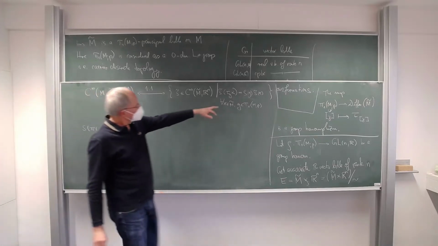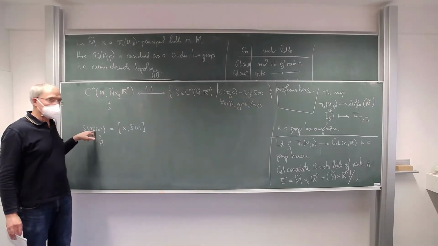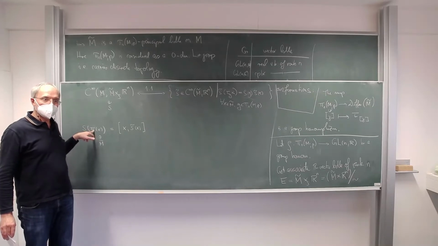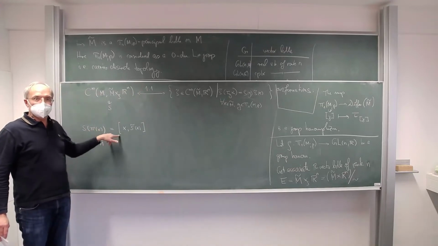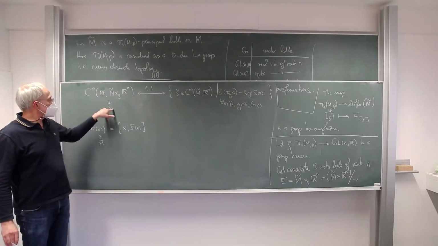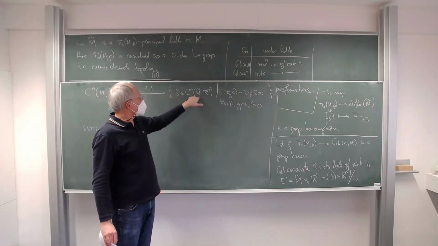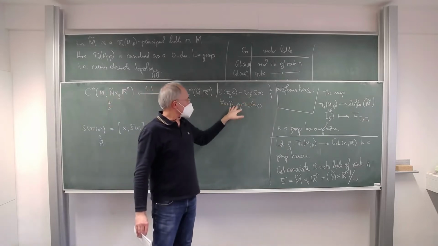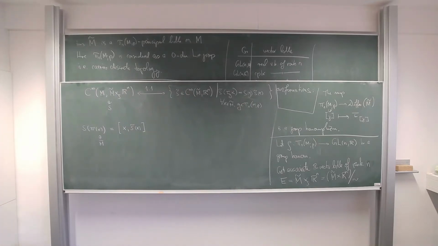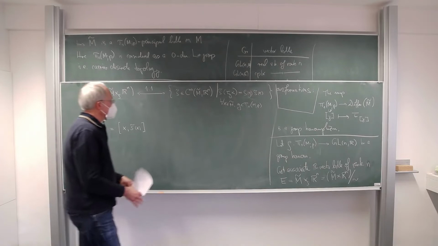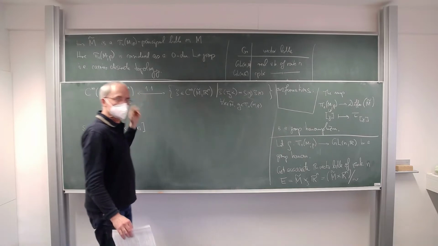And this requirement here makes sure that it doesn't matter which pre-image point of pi of x I'm choosing. So this is exactly the requirement that I need in order to make this well defined. So that's the relation between a section of the associated vector bundle and a function on the universal cover with values in R^n satisfying this periodicity condition. Good. And this is useful because sometimes it's just simpler to work with such R^n-valued functions rather than sections in a vector bundle.